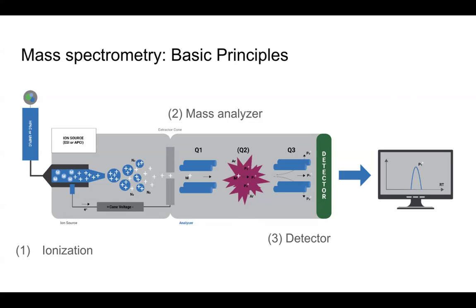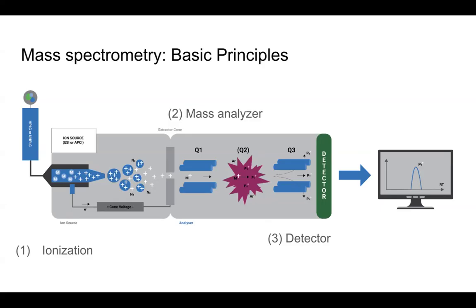So in terms of the steps that are involved, the first one is ionization. So the sample is first ionized, meaning it's given a charge so that it can be manipulated using electric or magnetic fields. There are different ionization techniques, but there's two that's more commonly used. If you've watched the Independent Learning Week video, you might have heard me mention both.